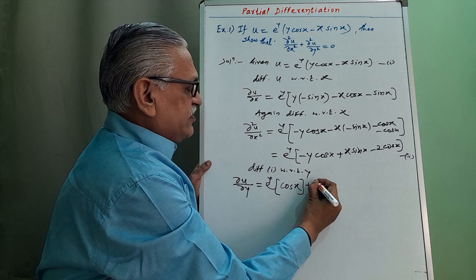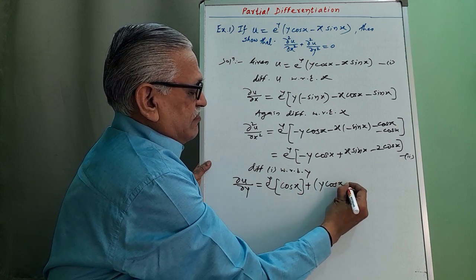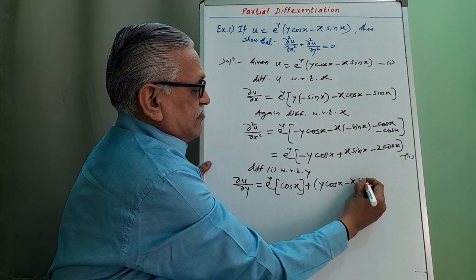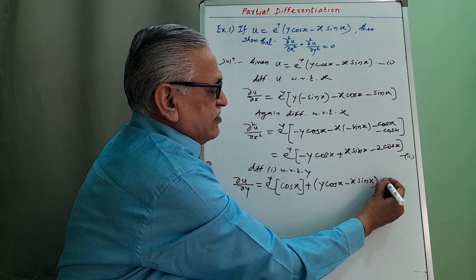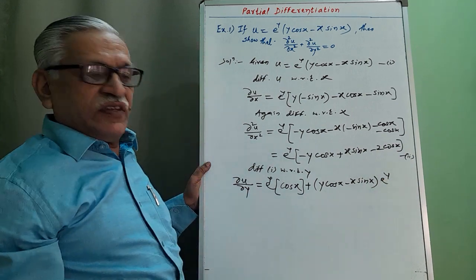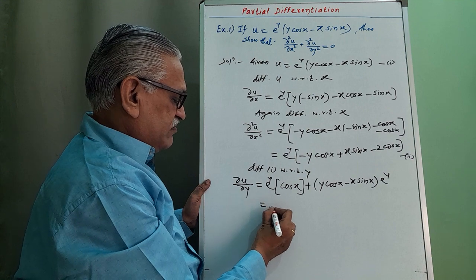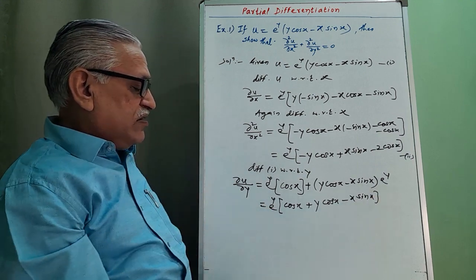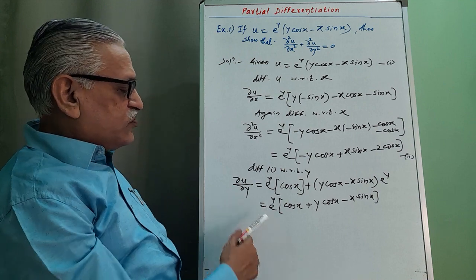Plus second term as it is, differentiation of e raised to y is e raised to y. From these two terms I can take e raised to y common. It is cos x plus y cos x plus x sin x, into e raised to y.